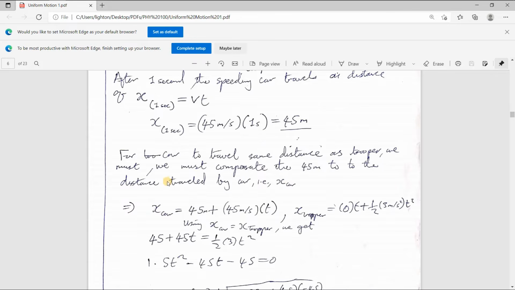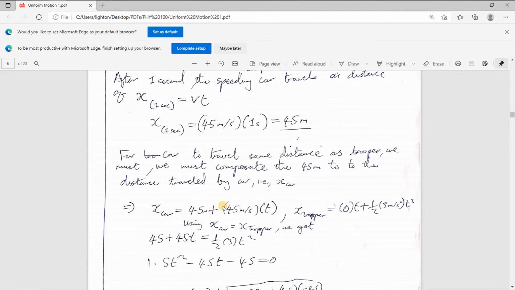All right, that is x car, that's x subscript car, must be equal to that 45 meters, which is the missing distance, plus 45 times time.